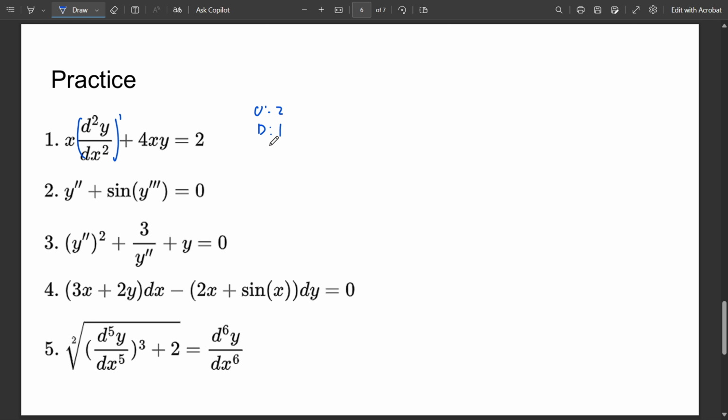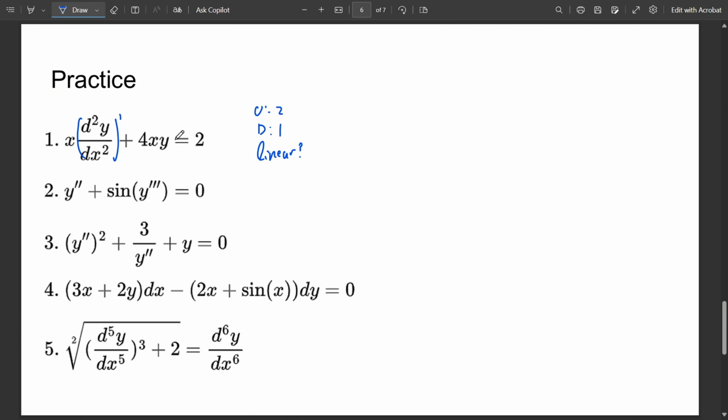And is it linear? Yes, because there are no transcendental functions of the dependent variable or the derivative, and there is no power greater than 1 or less than 1, or a fraction, or a negative power.